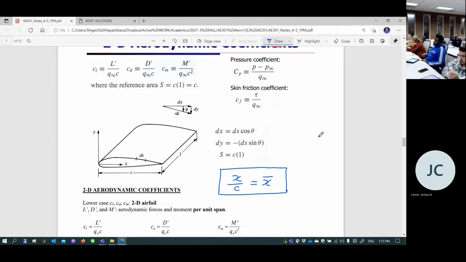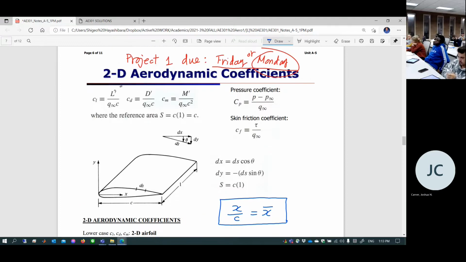Other things here. Obviously, we looked at the 2D airfoil. This is the lift coefficient, drag coefficient. This is the moment coefficient. Now moment depends on the location, so it always comes with a subscript. C_M at the leading edge, quarter chord, half chord, trailing edge, whatever. Those will be different values. Moment will be different values.